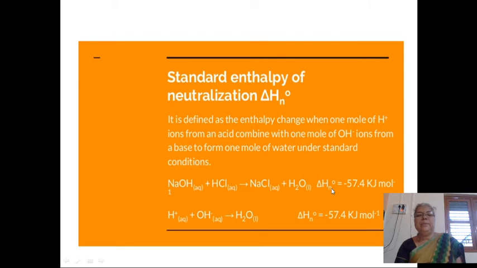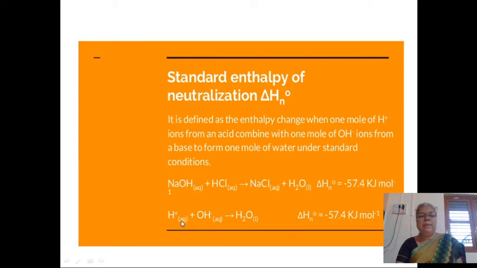And here the enthalpy change in case of neutralization reaction in a standard state is equal to minus 57.4 kilojoule per mole, and as this is an exothermic reaction, heat is evolved, so it is given with a negative sign.